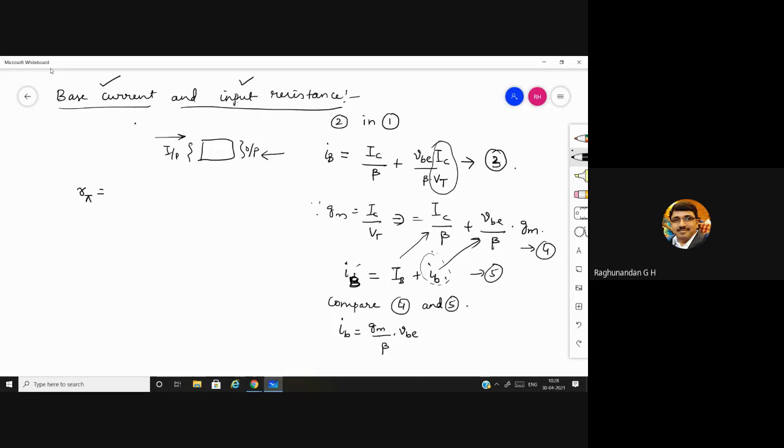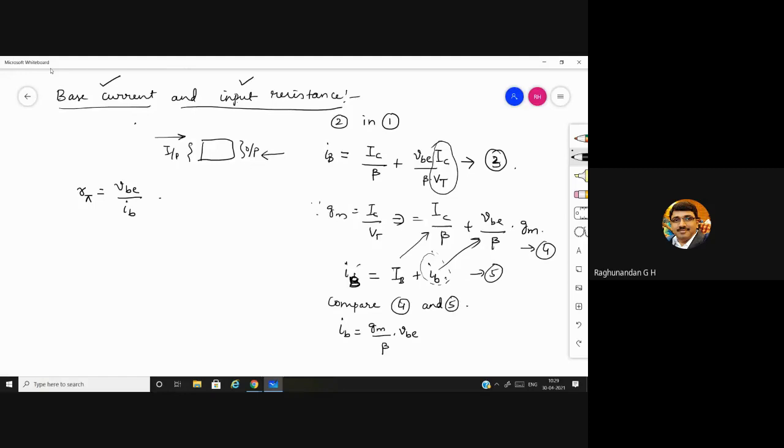Now I want the R pi, the base resistance considering small signal. AC current and AC voltage, sir. Yes, very good. So it is VBE by IB. This is the equation which we are going to use for R pi.